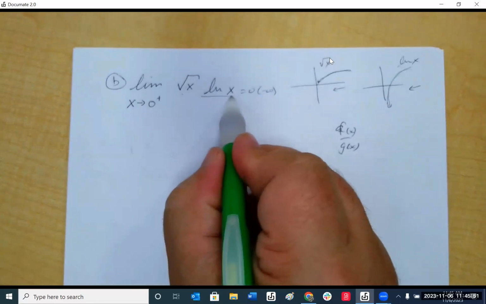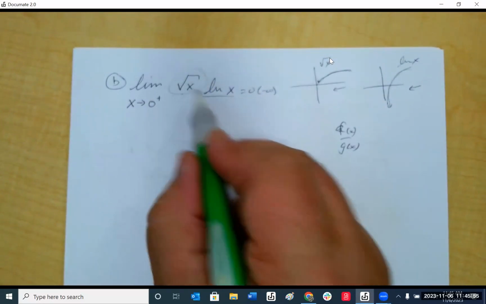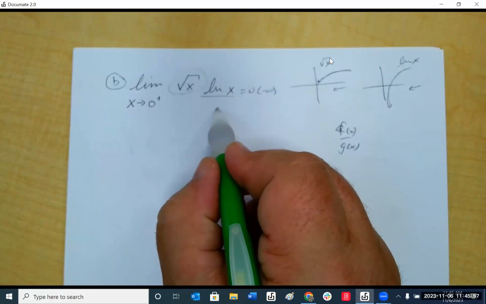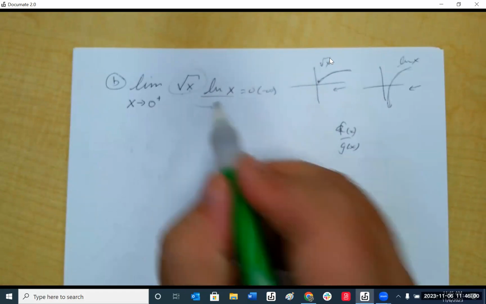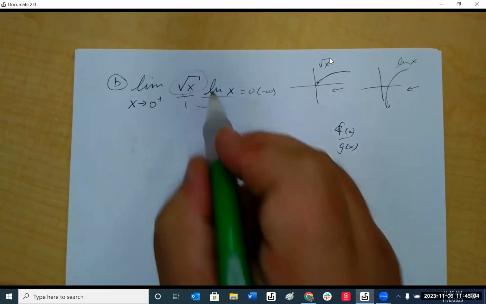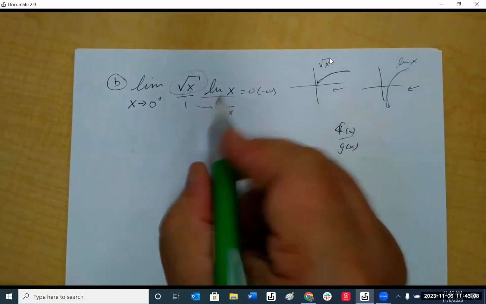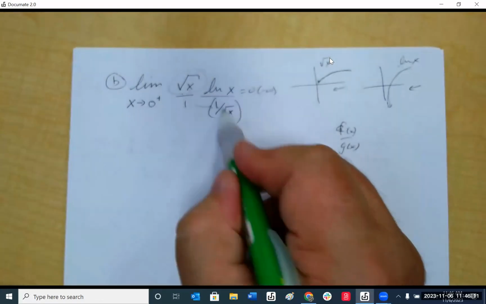Okay. So this one here we can't change. This one here we can. How do we put this function on the bottom here? We would take it like that, yeah. So now we have a rational expression.